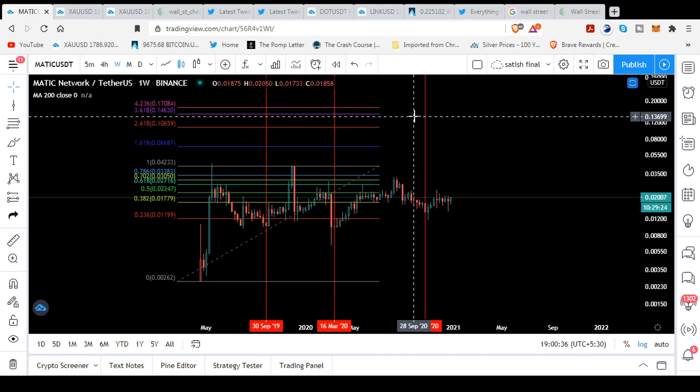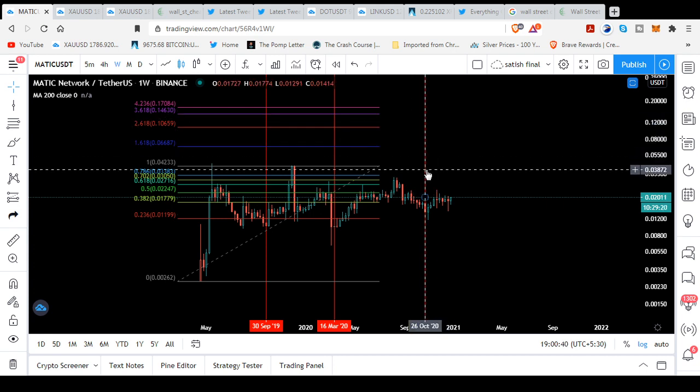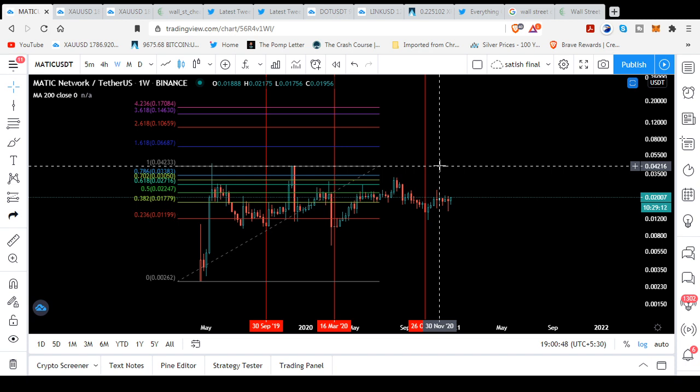This is also a possibility, but we have to go step by step. First we have to reach the 0.042 levels and then see what is going on in the market, whether it is taking some rest at these levels. Then if it crosses again, you have to see what exactly is going on.